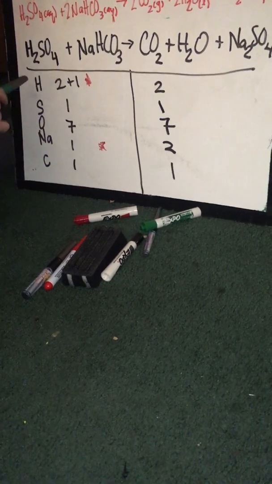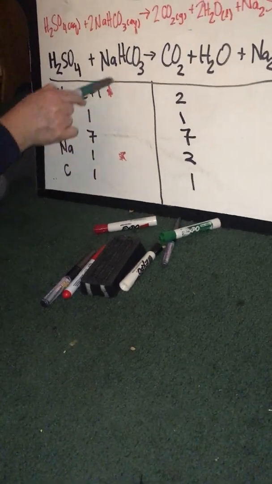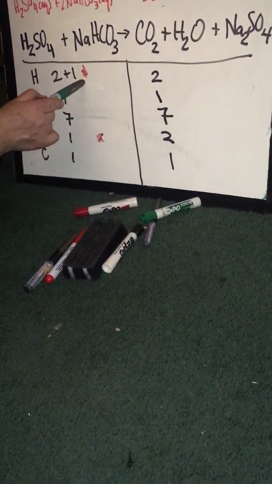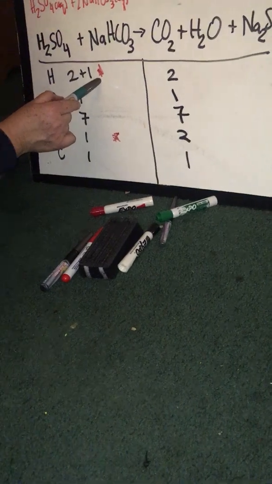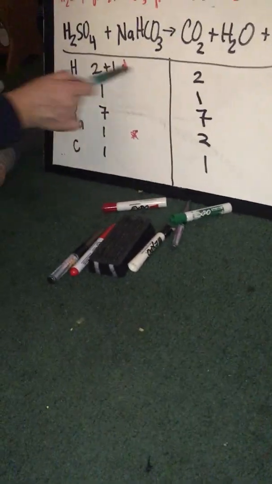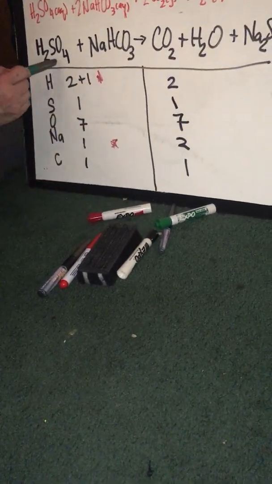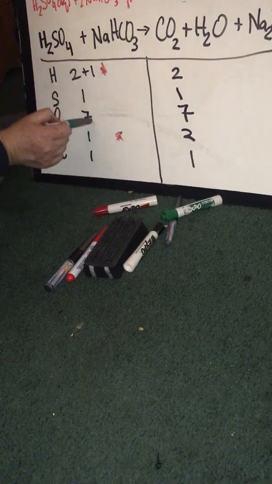So on the left side, we have 2 hydrogens here and 1 here. So I put 2 plus 1. And on the right side, we only have 2. So I put an asterisk because they don't balance. They're not the same. We're going to have to change that. So sulfur, we have 1. On the right side, sulfur, we have 1. Of oxygen, we have 4 plus 3 is 7.